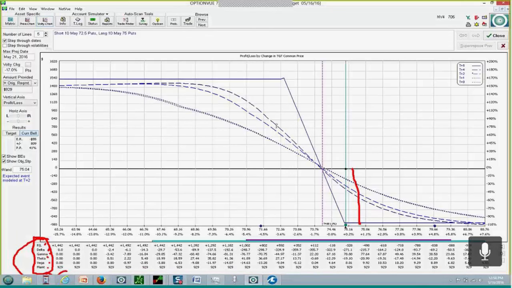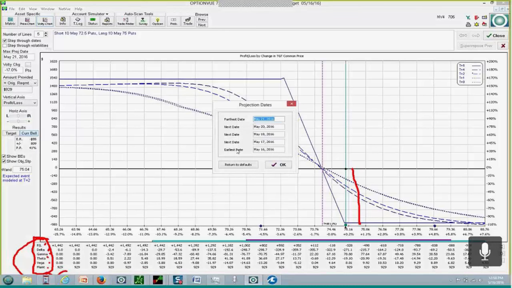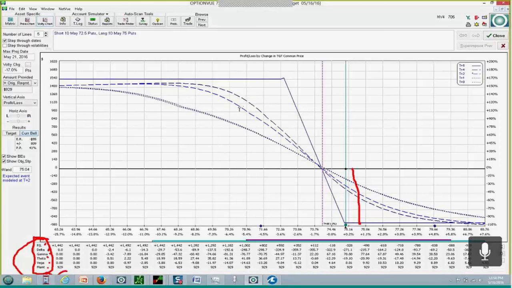If I'm expecting, for example, 2 days from now is the 18th, so that's the third line right here. So I can go ahead and click on that. And that's saying that by putting $929 at risk, if I really think that we're going to drop down to about 72, I can stretch this out, by the way.